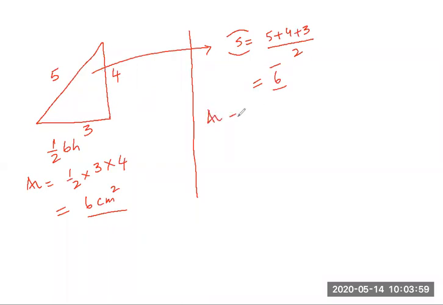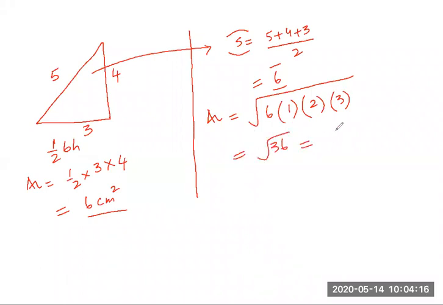The area will be the root of 6 into 6 minus 5, 1, into 6 minus 4, 2, and 6 minus 3, 3. This is equal to 3 6s are 36. If I take the under root, this is 6 centimeter square. So you see that both formulae are yielding the same results.